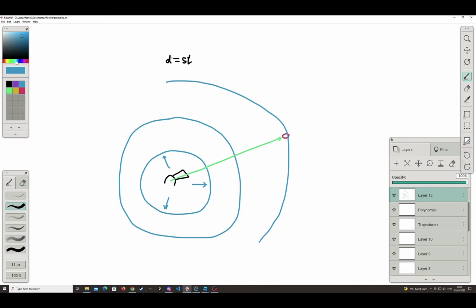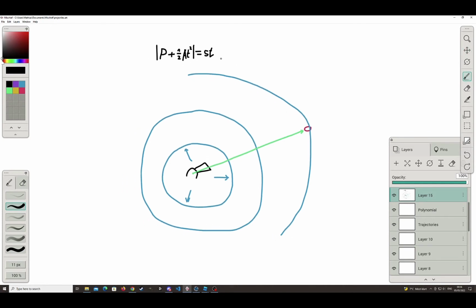So we could add an acceleration term to this. Instead, I'm going to say, let's say P for the relative position between the target and the cannon. And this will actually be a vector. And then we can add 1/2 times the acceleration times t squared, and then take the distance of this vector.